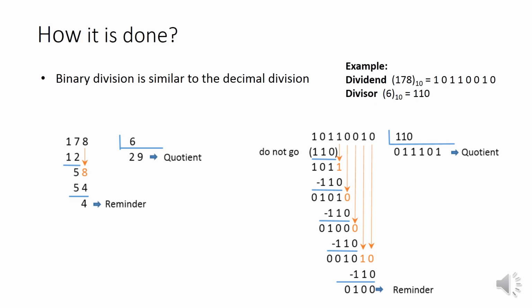At the end, after all iterations, once we have covered all the bits of the dividend, we get our final quotient and the remainder. So, in binary division, the process is practically the same as in decimal. In fact, since the binary number consists of only ones and zeros, there is no need to perform any multiplication.